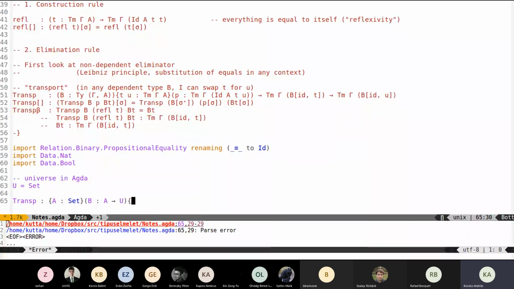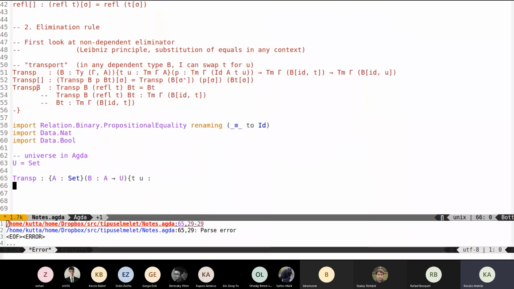And then if I have some T, U, but let's call them X, Y instead, because now we are not really talking about terms. So here we are talking about terms, but here we are just talking about some kind of variables in Agda.